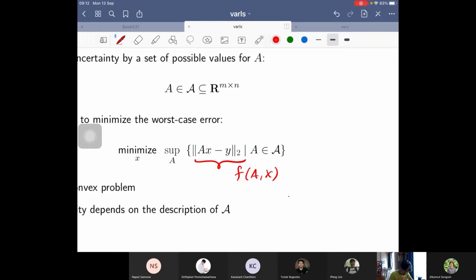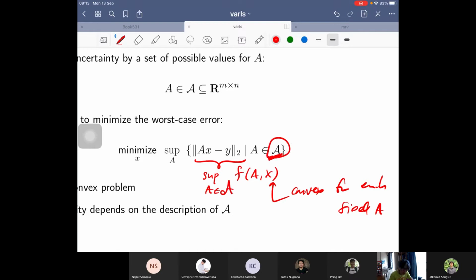The function f is convex in x for each fixed A. So we have the supremum principle: when you take the supremum over A, where A belongs to some set calligraphy A, this set doesn't have to be convex or anything. The result as a function of x, call it g, is still convex. All the assumption you need is that the function is convex in x.